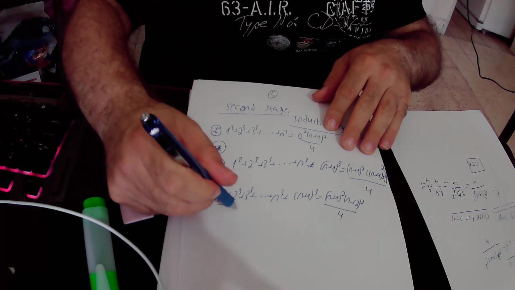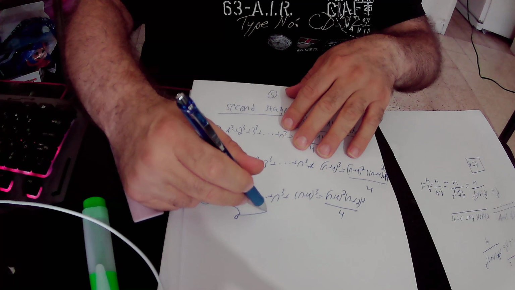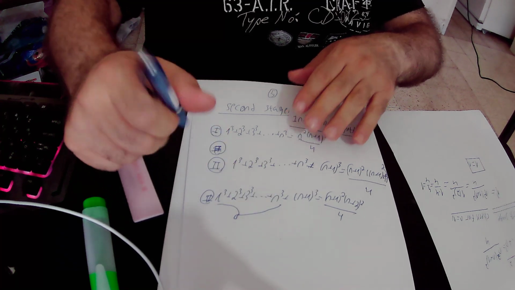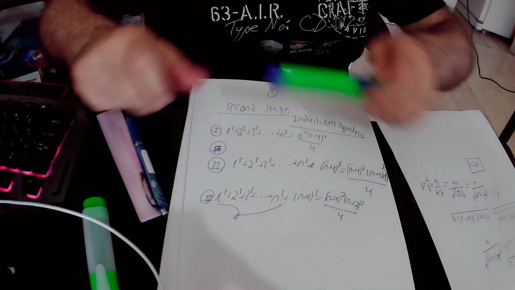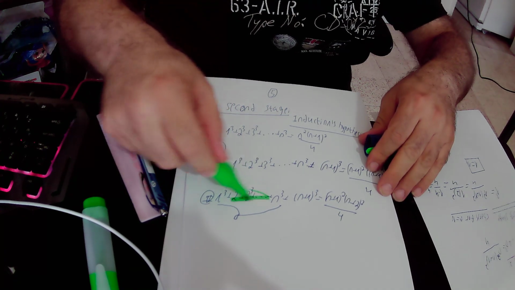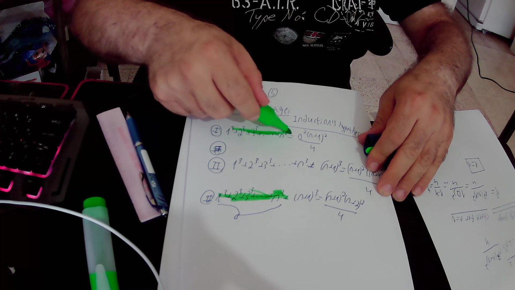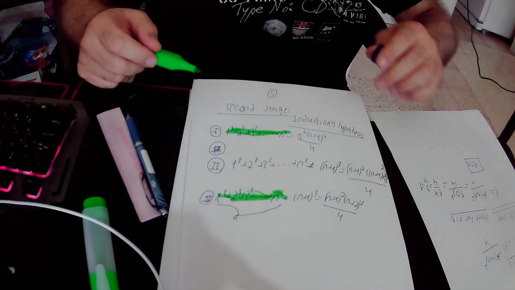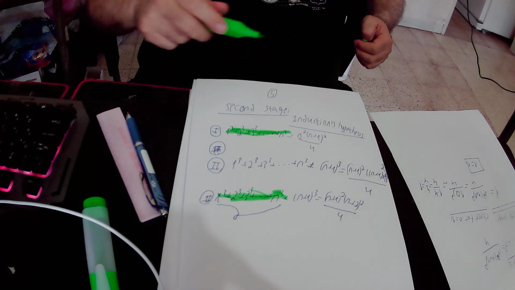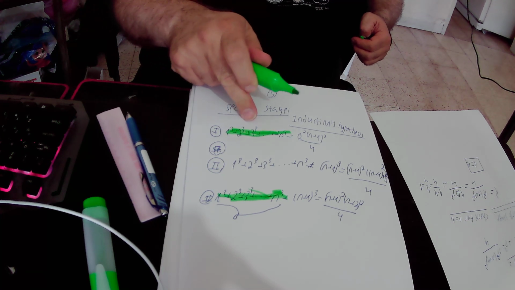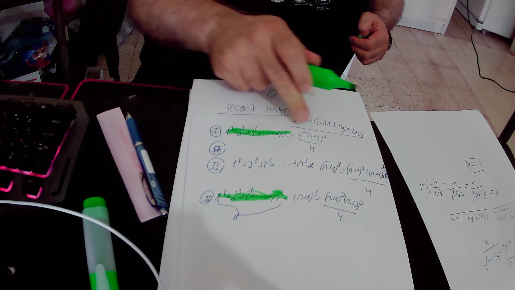If we look at this part of the expression in the green color, this part is identical to this part, and this expression equals this.